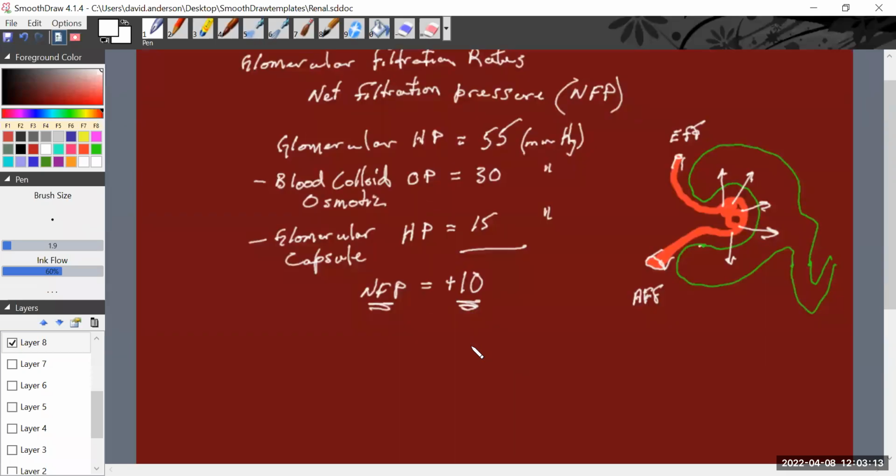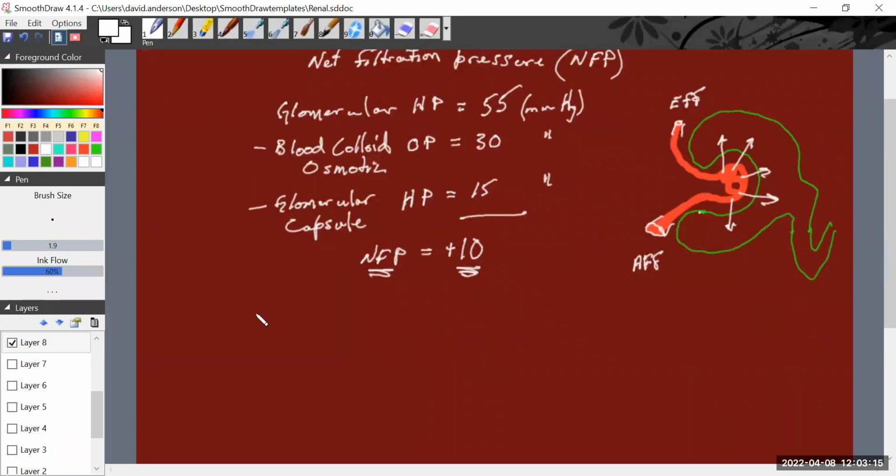Okay, so it's going to be regulated through mechanisms. One of those is called autoregulation, and that means local responses.